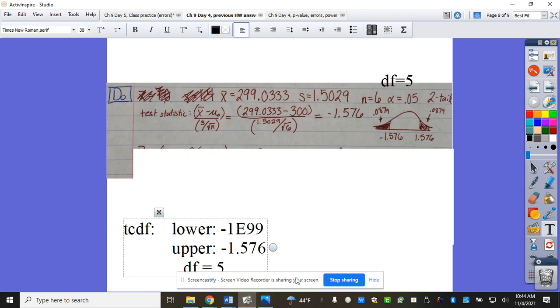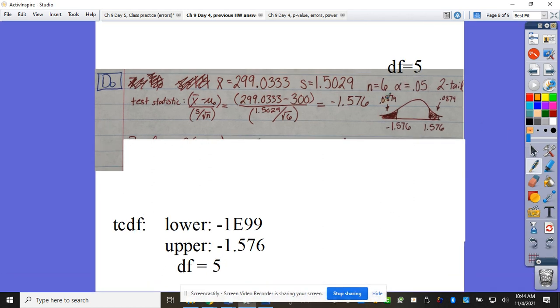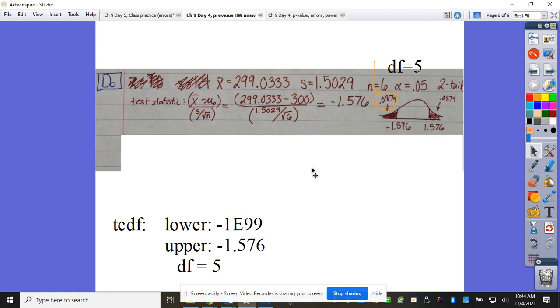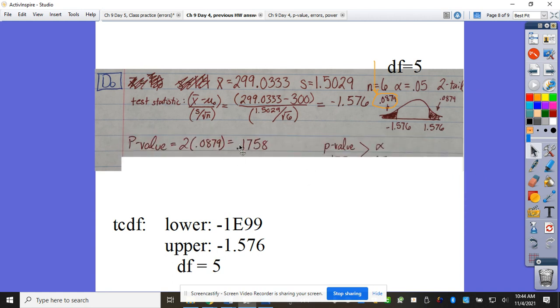If I did that, I would get this number, 0.0879. But I also want it here, so I need 2 of those. So if I do it by hand, I have to remember to multiply by 2.